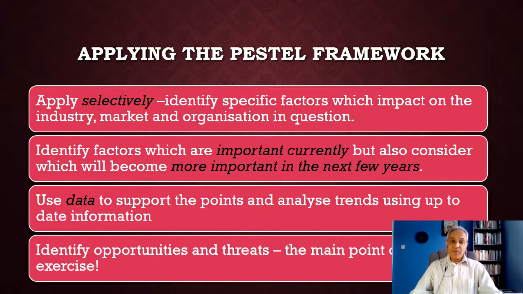And finally, the whole point of the exercise is to identify opportunities and threats. So this is what's going to be integrated within a SWOT analysis. This sits behind the O and the T of the SWOT. So you're demonstrating that you have analyzed where the opportunities and threats might be, looking at the macro environments using the Pestel framework.